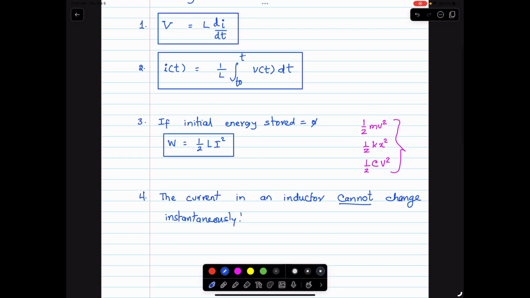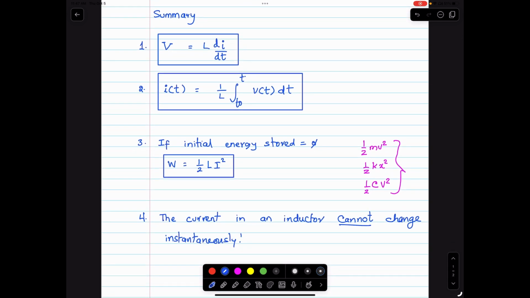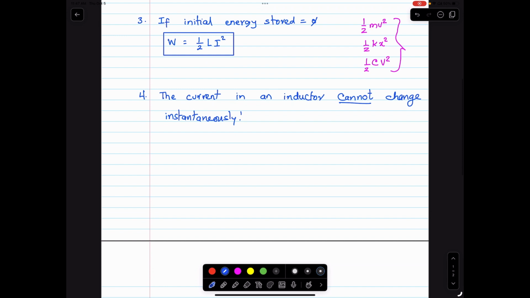Okay, it cannot change instantaneously. If it does, it leads to infinite voltages and potential. So physically not possible.